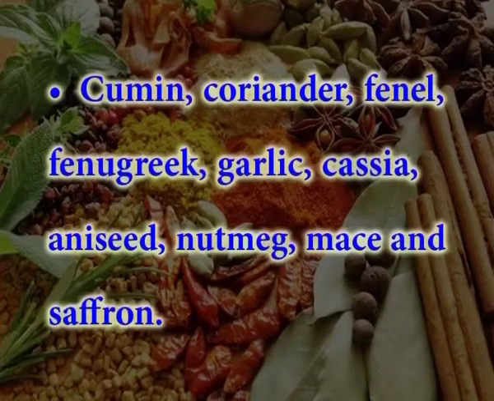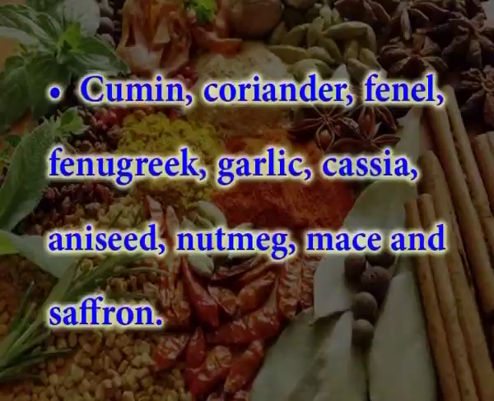Indian soil and climate are suitable for cultivating a variety of spices like the majestic black pepper, elusive cardamom, refreshing ginger, colorful turmeric, fiery chili and a host of other spices like cumin, coriander, fennel, fenugreek, garlic, cassia, aniseed, nutmeg, mace and saffron. A few other spices have been drawn to Indian shores by traders from other lands.